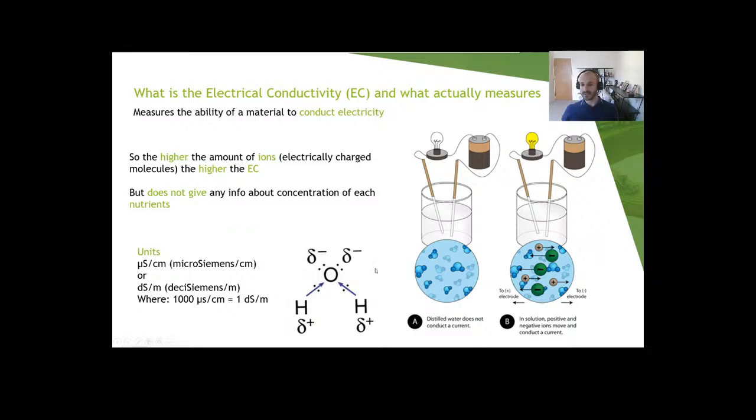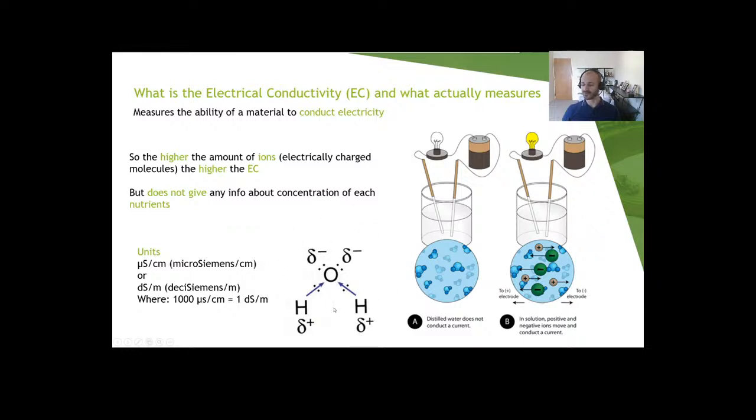Here in the drawing, you can see that distilled water does not conduct electricity, because pure water, distilled water, is just H2O. And as you can see here in the formula, H2, so two hydrogens and one atom of oxygen, they are balanced. The charge is neutral because there are two positive charges and two negative charges.